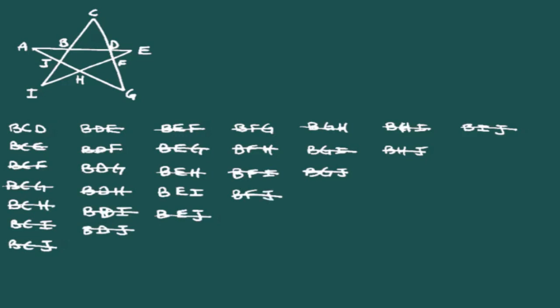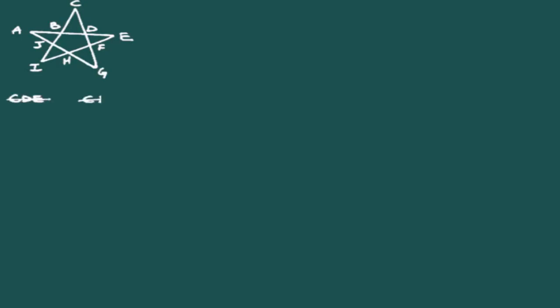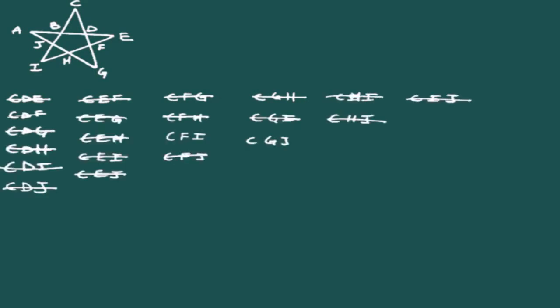Keeping that going, where the smallest vertex is going to be C, we have CDE, CDF, CDG, CDH, CDI, and CDJ, and we list all of those possibilities. Again, going back to our geometric figure, how many of those possibilities actually correspond to a triangle in our geometric figure? Well, again, we only have 2 of those possibilities showing up.